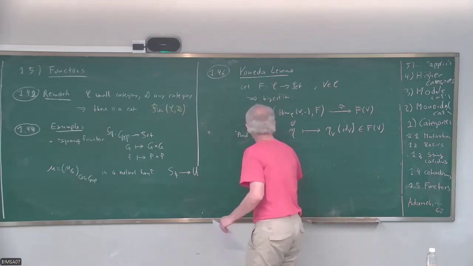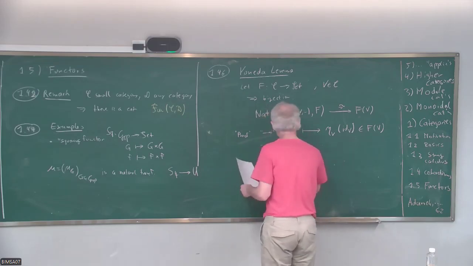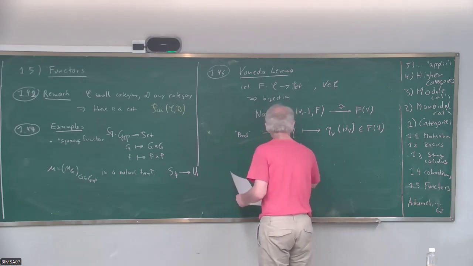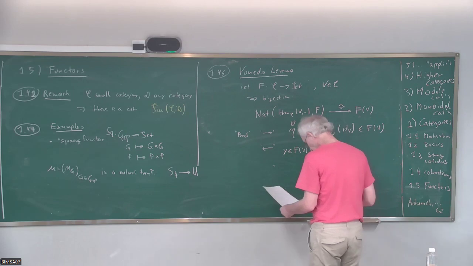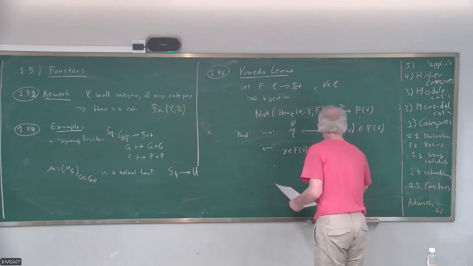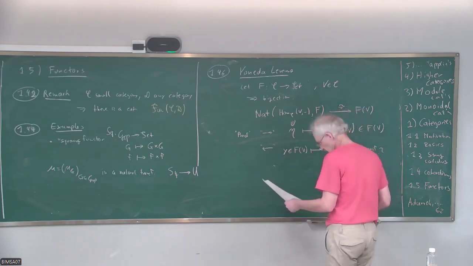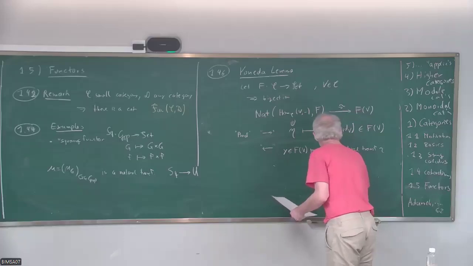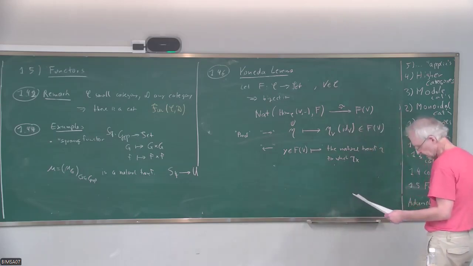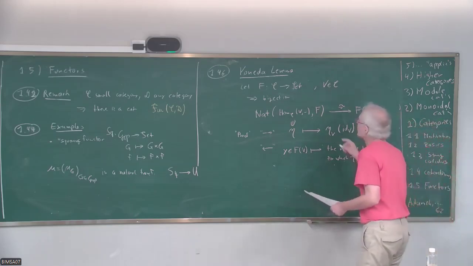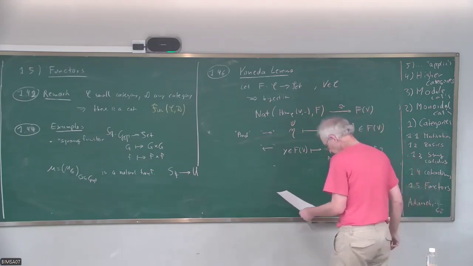And in the other direction, you start with an element, I call it y, in F of V, and you map it to the natural transformation eta, for which the component eta at some object X in C is the following map.